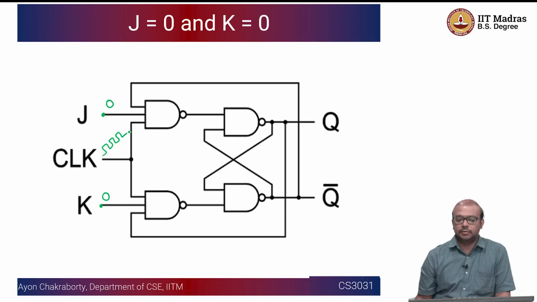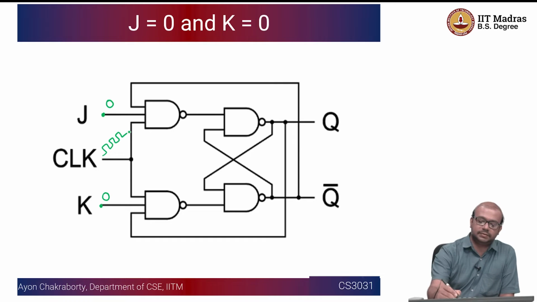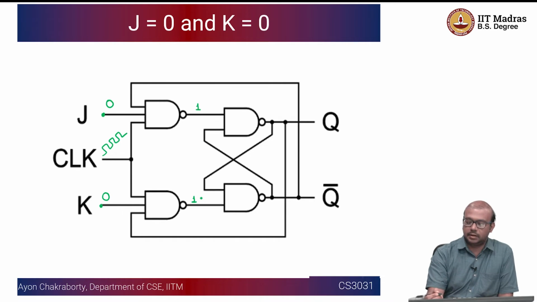But since J is equal to 0 and K is equal to 0, this value must be equal to 1 here. And if you can see, this is Q, and here you have Q bar.